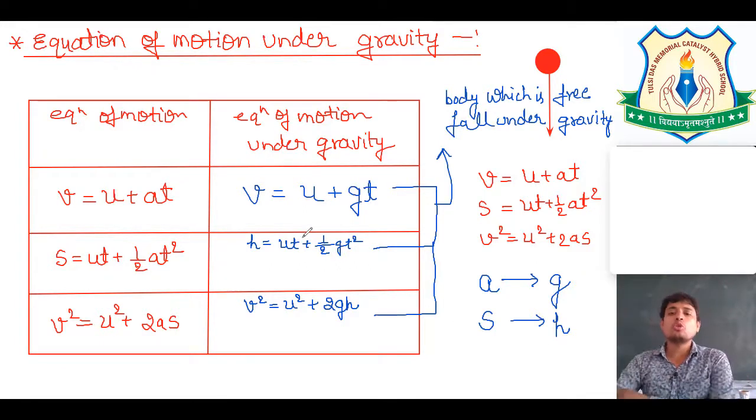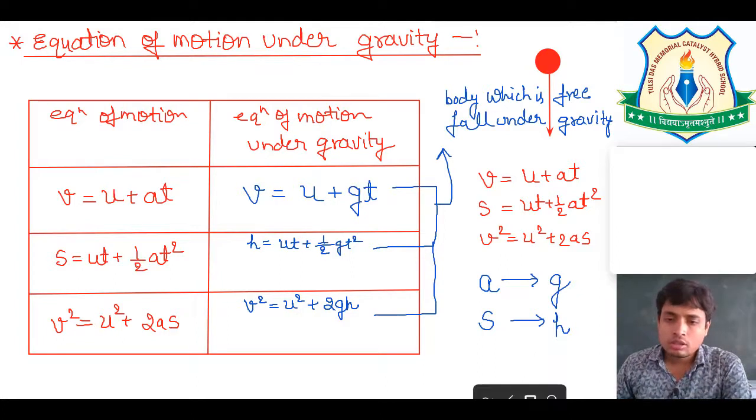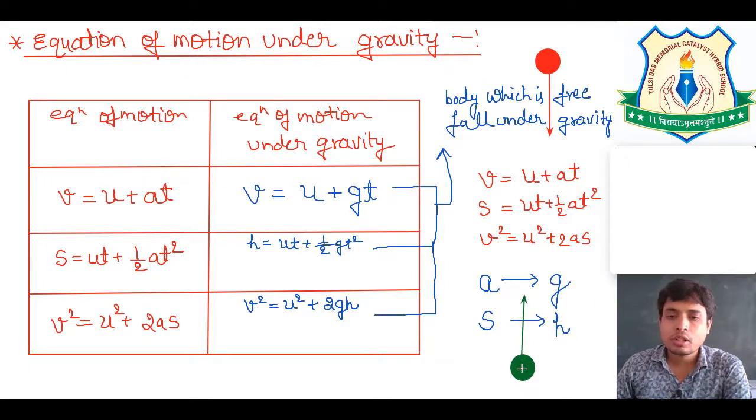And suppose the body is thrown upward from the ground, then in that case you have to replace a by minus g, because the acceleration due to gravity will be negative. So I am writing v equal to u minus gt.